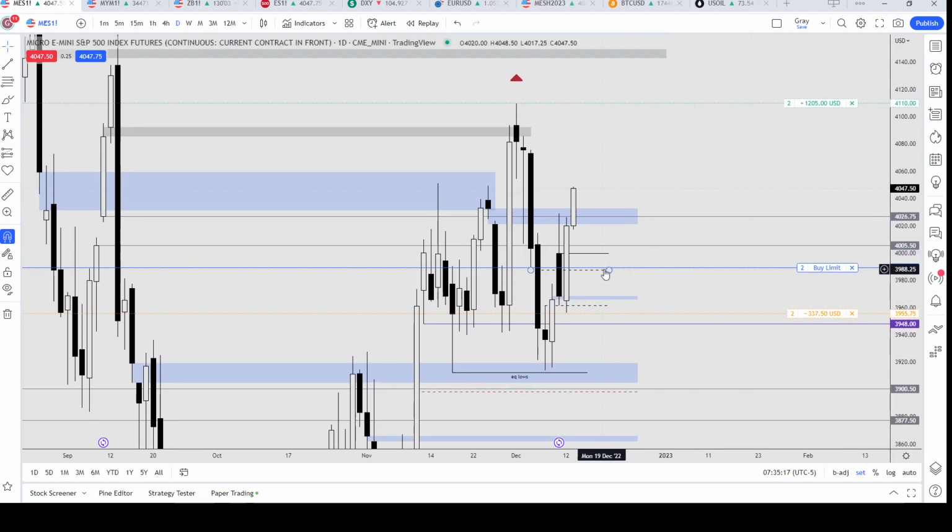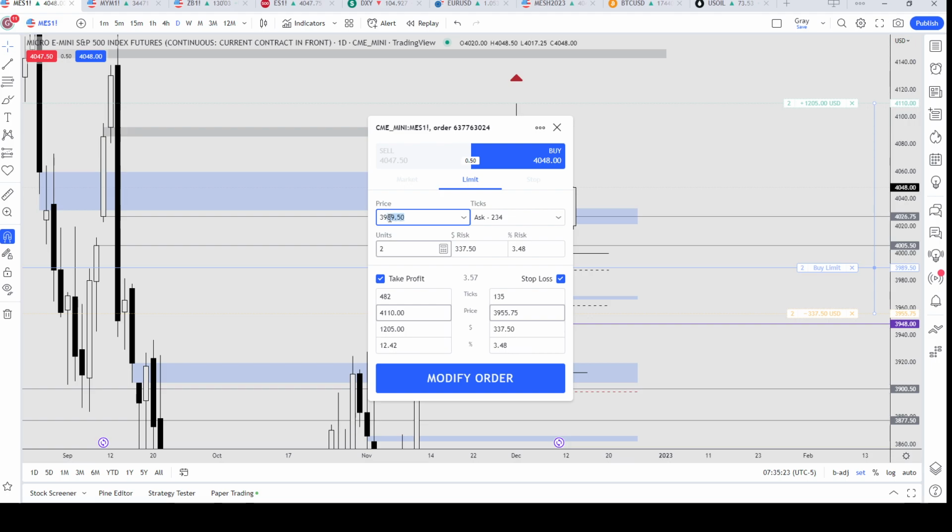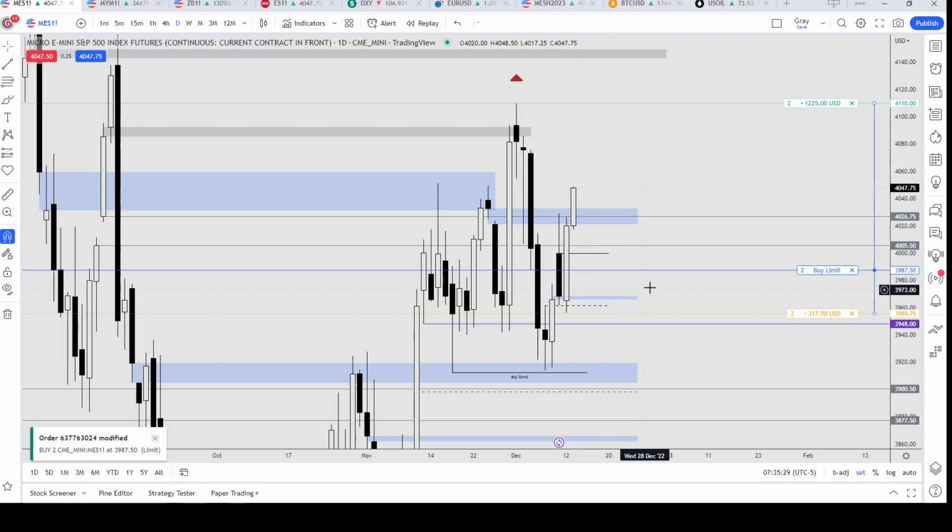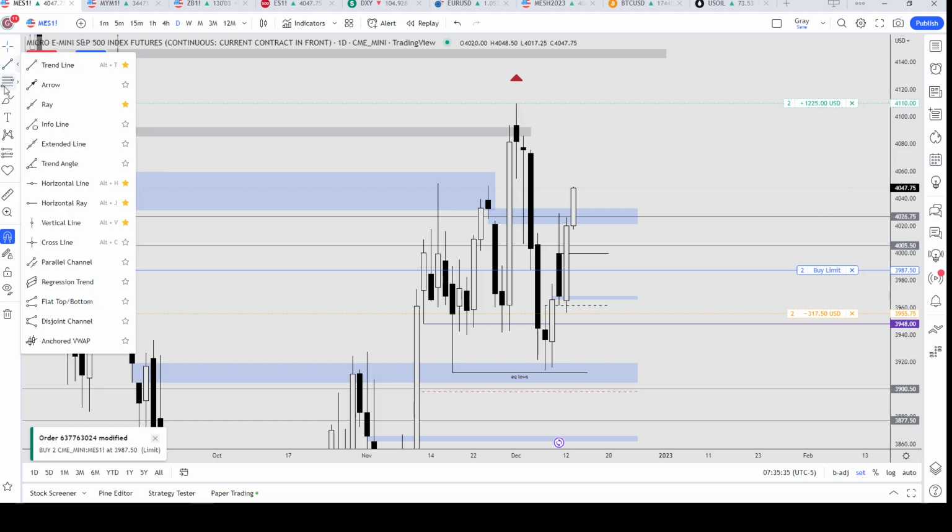I think I'm just going to use this as my entry, 3987.5. I would much prefer this to be the entry. So right now the plan for CPI is this.